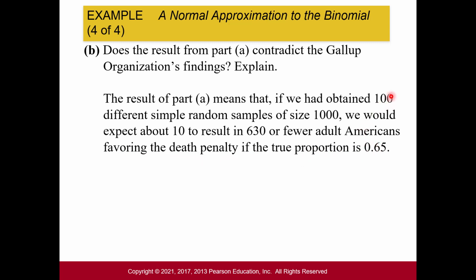So if we took 100 different samples of 1,000 people, we would expect that only about 10 out of those 100 times, 630 or fewer would favor the death penalty.